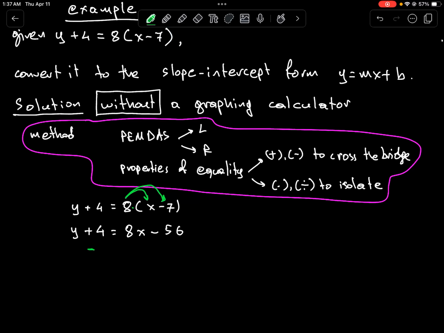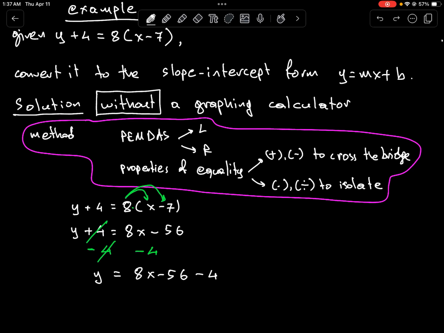So I'm gonna subtract 4 from both sides, and we get y equals 8x minus 56. That's what I got, and now I have negative 4. Okay, y is isolated, so I don't need to divide or do anything else.